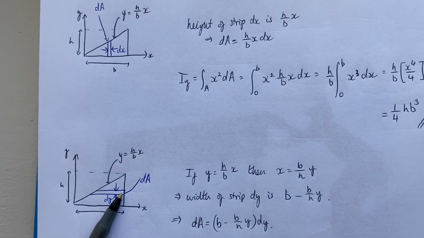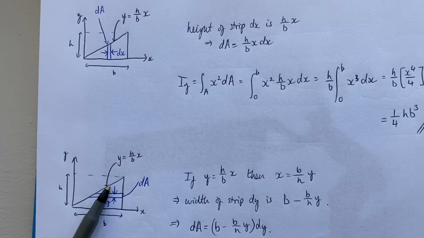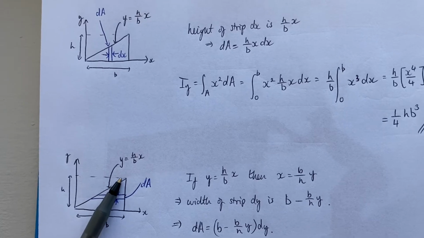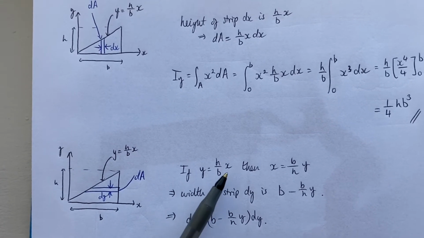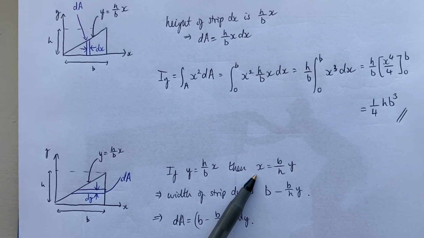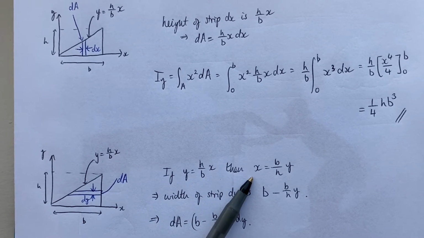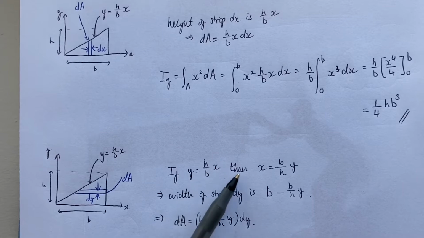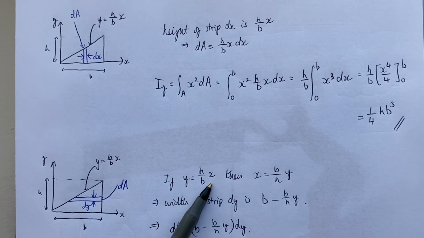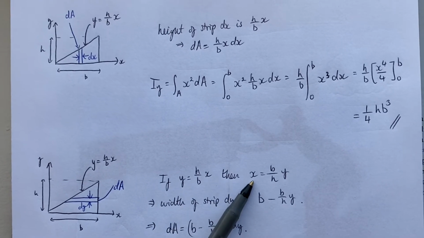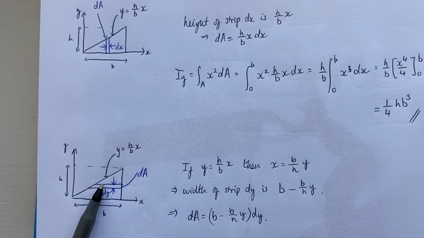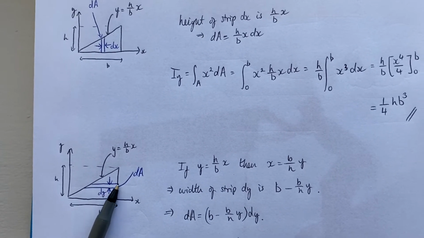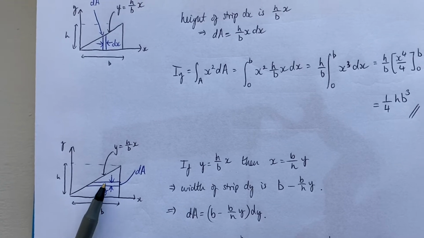So if we know the equation of this straight line is y equals h over b times x, then we can just rearrange that for x. So that's what I've done here. I've just rearranged the equation of the straight line for x so that I can work out the width of these strips of depth dy.